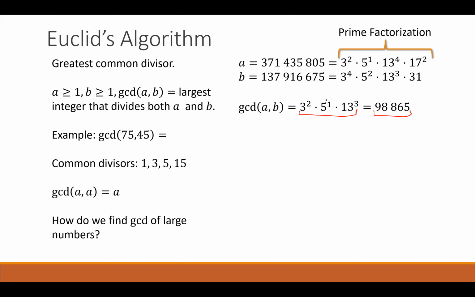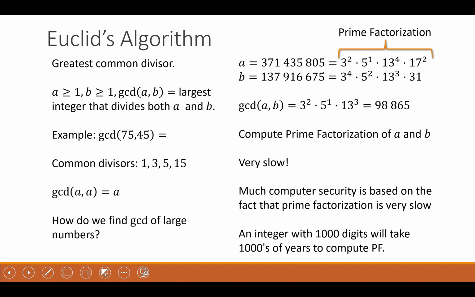Any questions on that? Everybody following? Okay, this is actually very, very hard to compute. The prime factorization of large numbers is extremely slow. There's a bunch of computer security; I don't know much about it, but allegedly they use prime factorization in that.